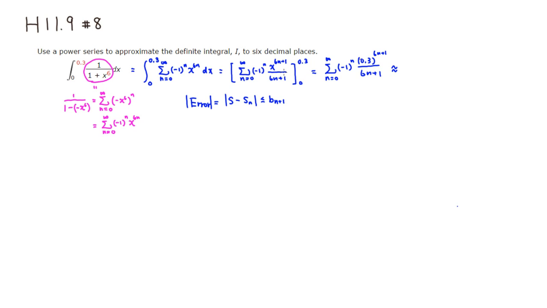So let's compute b_n so that we know how many terms we need to add to ensure it's correct to 6 decimal places. So open up GeoGebra.